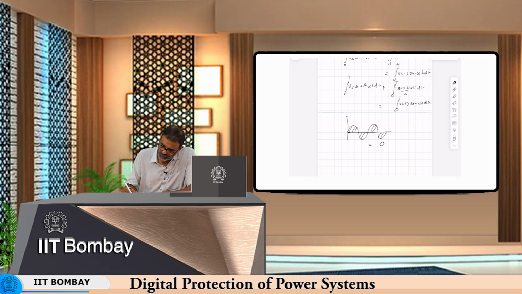So, this term goes to 0. Sin square omega t also you can write as 1 minus cos 2 omega t by 2. The second term is again a double frequency term that will get killed. So, this term will again go to 0, the second term.